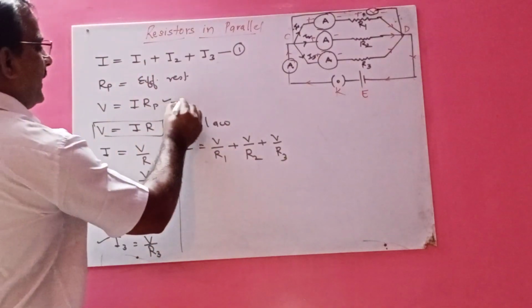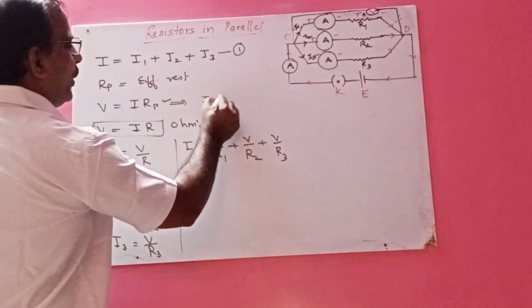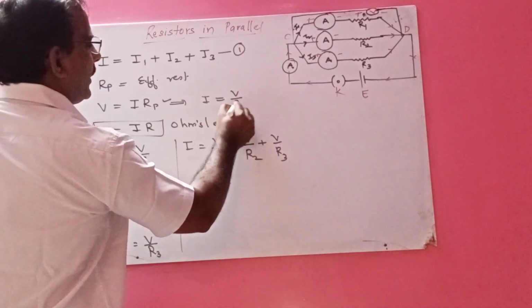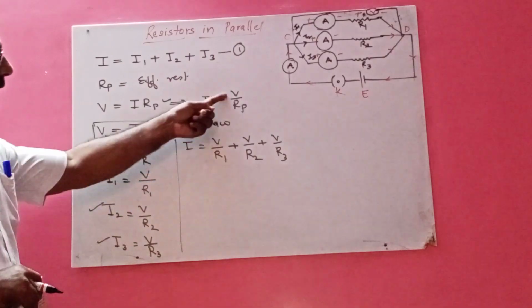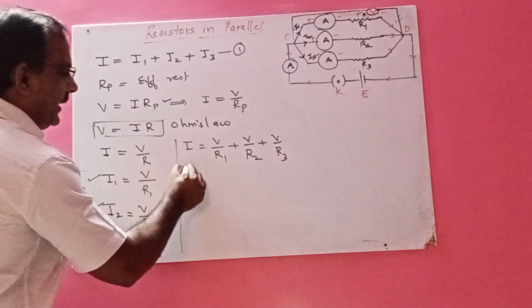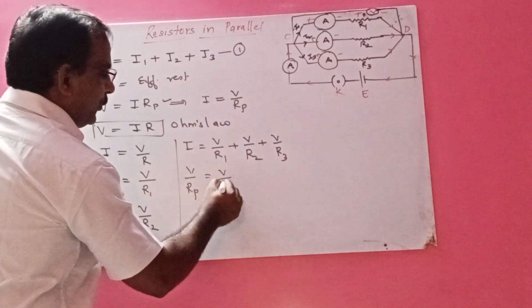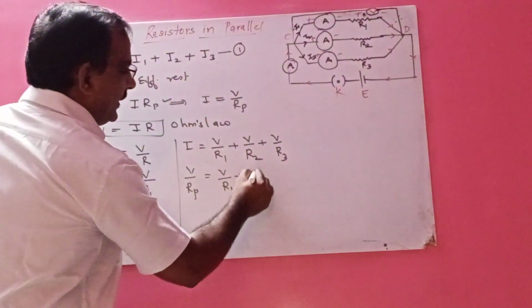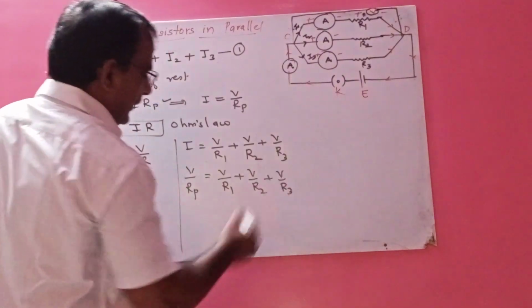And here also, children, if you transfer Rp here, so I is equal to what you will get? V upon Rp. Okay, so replace this I by V upon Rp. V upon Rp is equal to V upon R1 plus V upon R2 plus V upon R3.